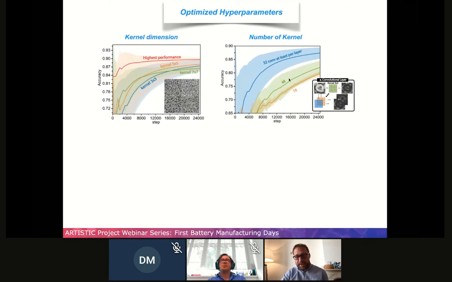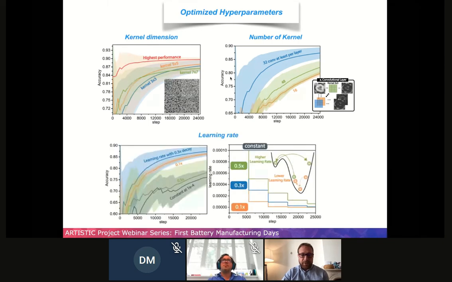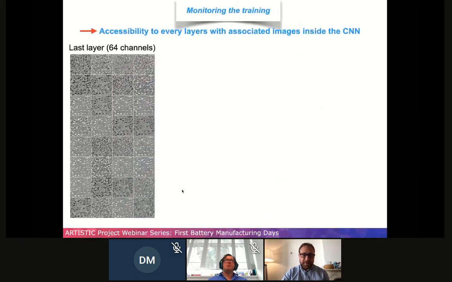Here we see clearly that the most is not the best, because when you use 48 convolutions, it's not with this one that you get the highest accuracy. And also the example with learning rate, we also have to find which learning rate is best to have a higher accuracy.